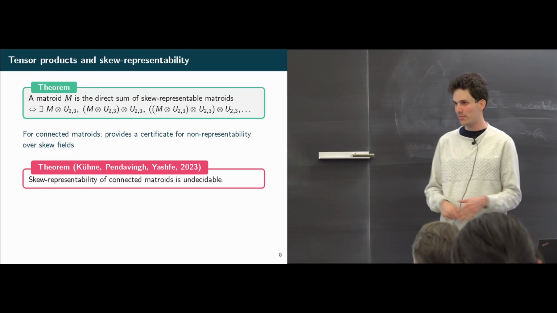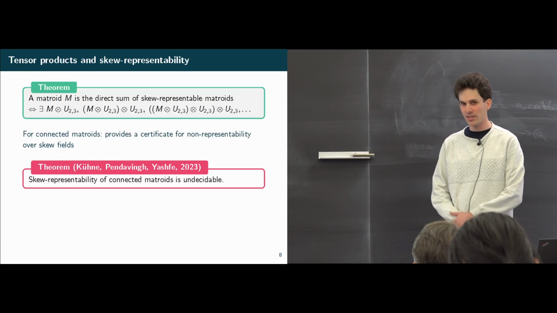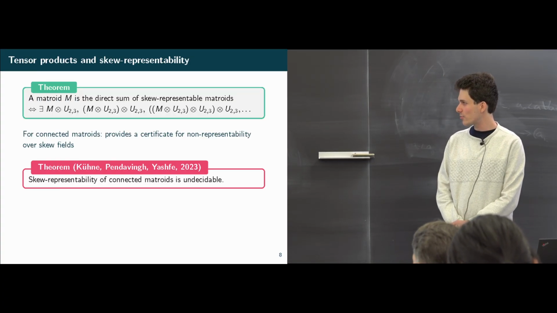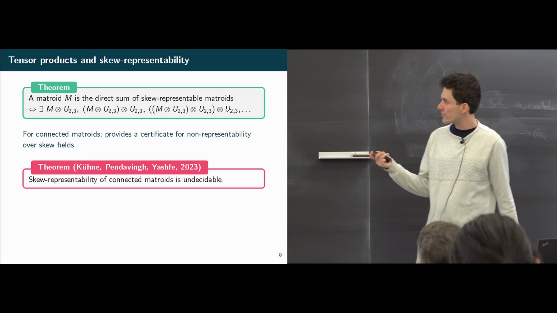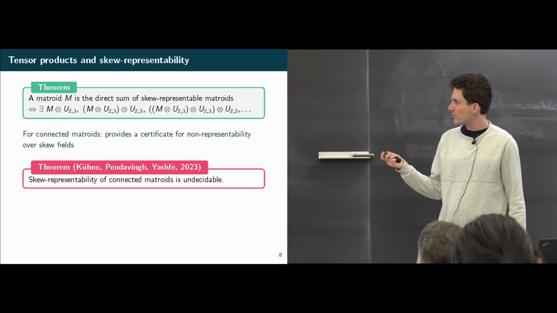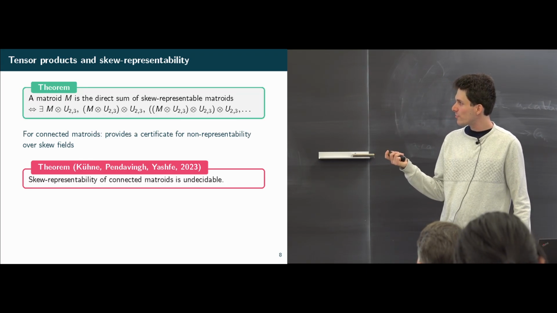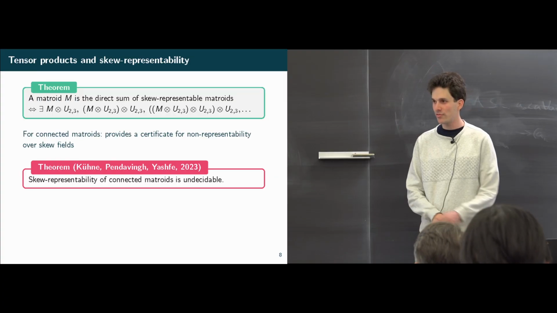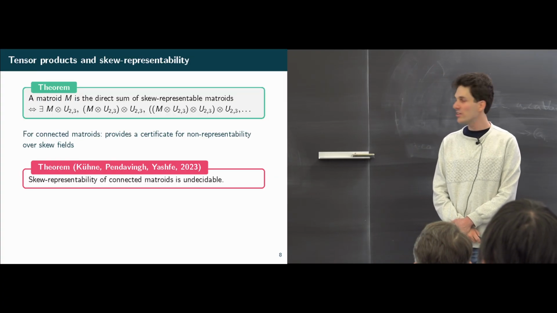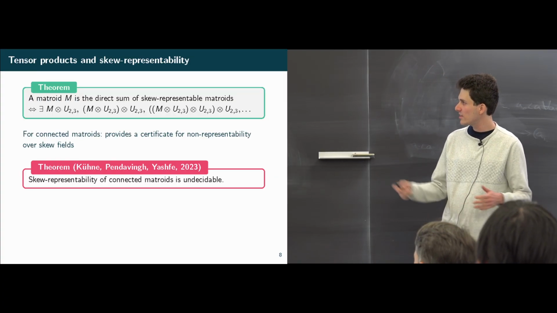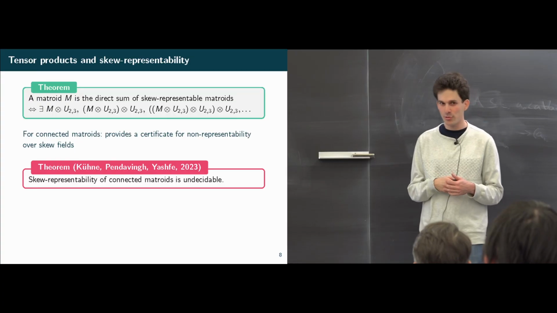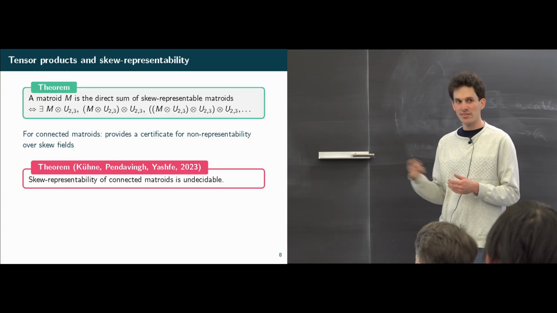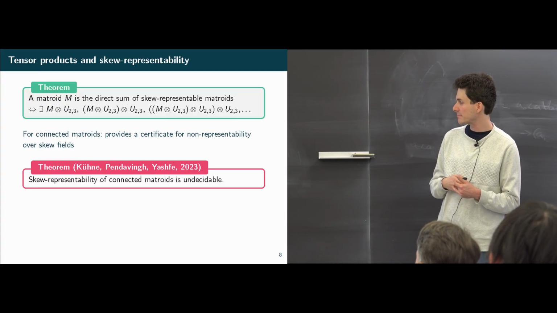This means that there is no algorithm for the problem, even if we don't care about the running time. And our theorem says that we have some characterization for a matroid to be the direct sum of skew-representable matroids. So if the matroid is connected, then this is a characterization of skew-representability: that these tensor products exist.